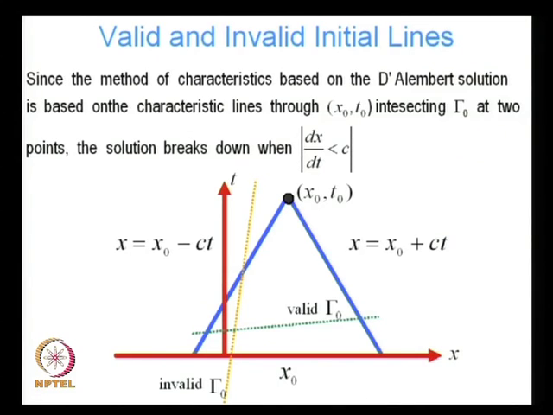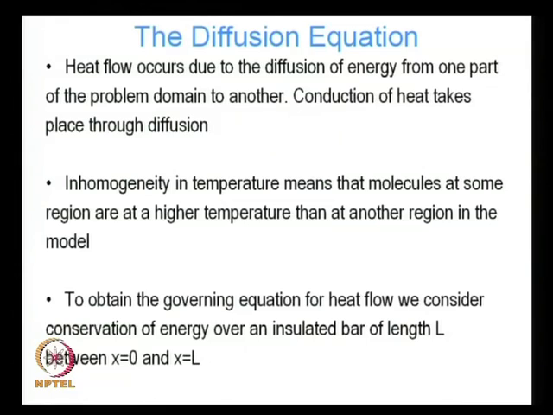But then we looked at another method, the method of characteristics, which is specific to hyperbolic partial differential equations. In particular, it is a very useful and insightful way of solving the wave equation. But let us move on to parabolic equations, and let us look at the diffusion equation.